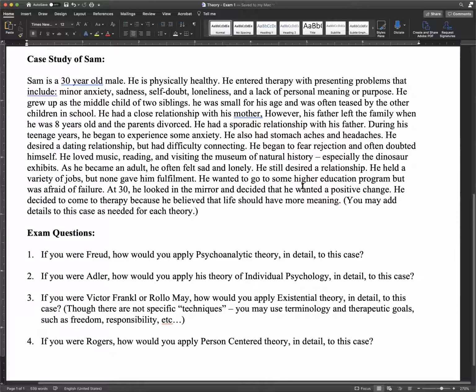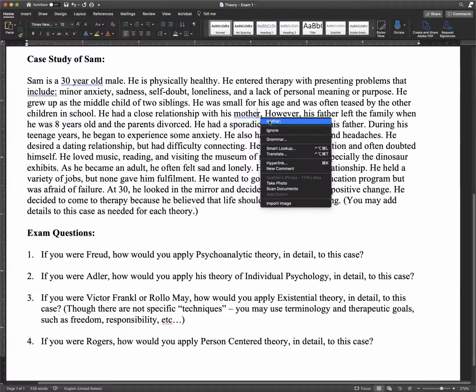He grew up as a middle child of two siblings. He was small for his age and was often teased by other children in school. He had a close relationship with his mother. However, his father left the family when he was 8 years old.